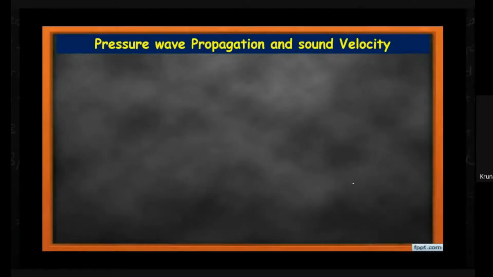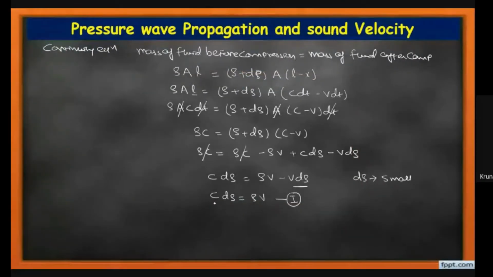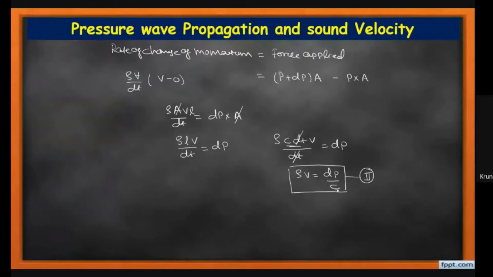So this is our second expression. Students, from the previous expression, c d rho equals rho v, and the second equation is rho v equals dp by c. Let me write both equations. Our first expression is c into d rho equals rho into v, and the second is rho v equals dp upon c. From these two expressions, we know that rho v is the same value.